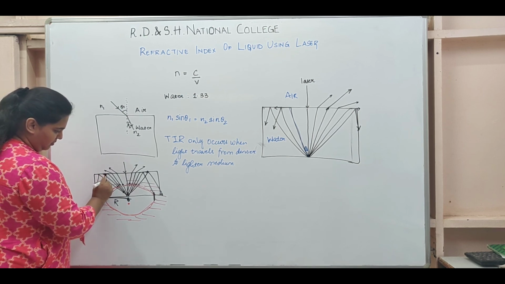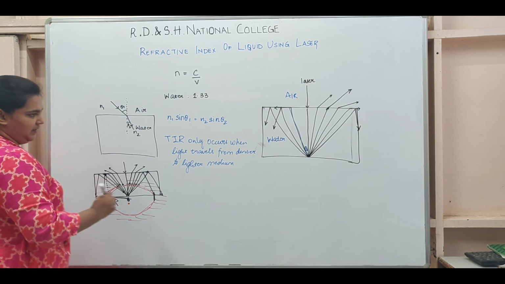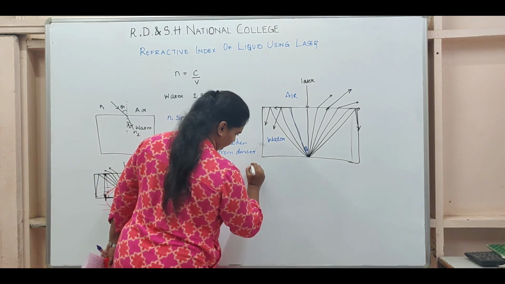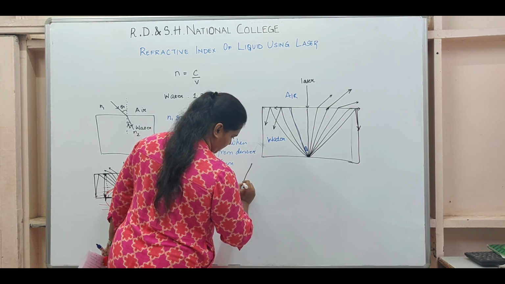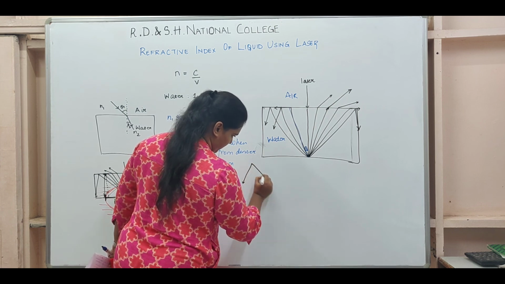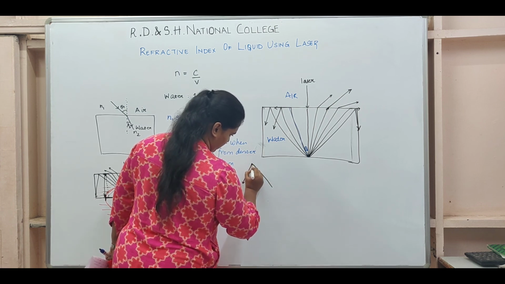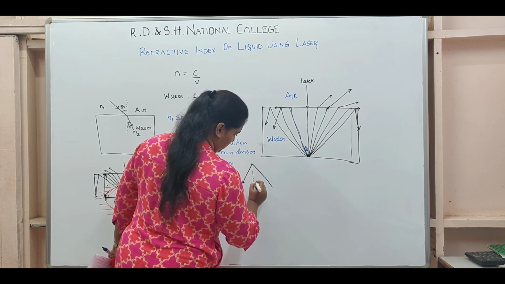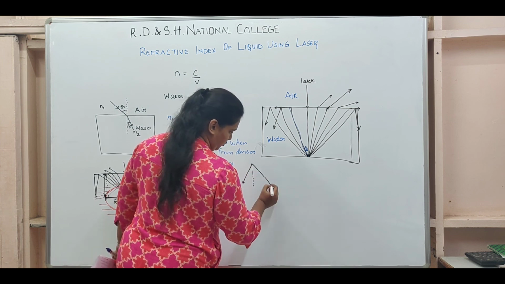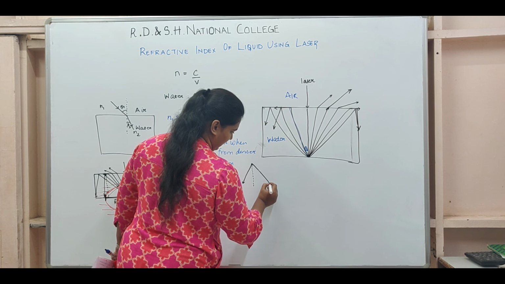If I draw a straight line here, it will look something like this. This is the reflected ray, this is the incident ray, and here I have my normal. So this was the critical angle.